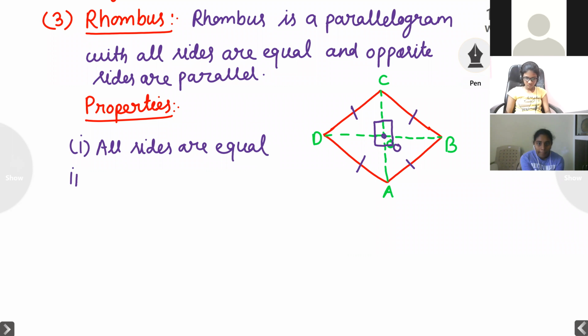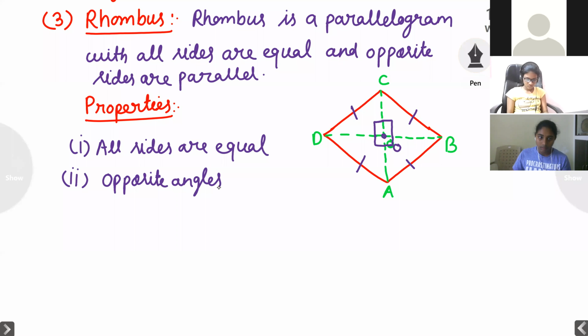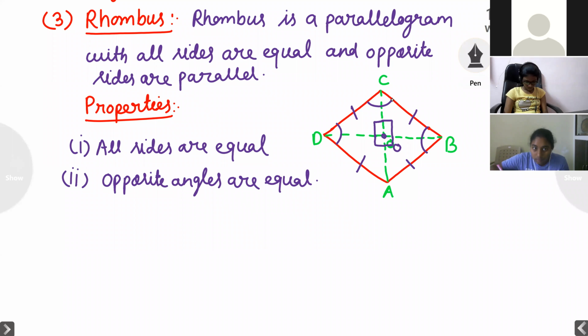Second property, opposite angles are equal. Third property, adjacent angles are supplementary.